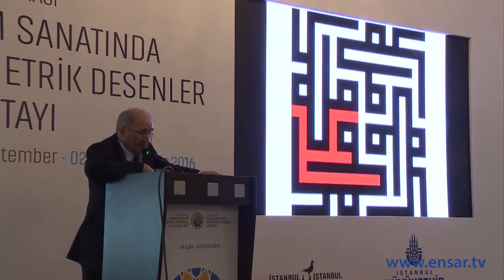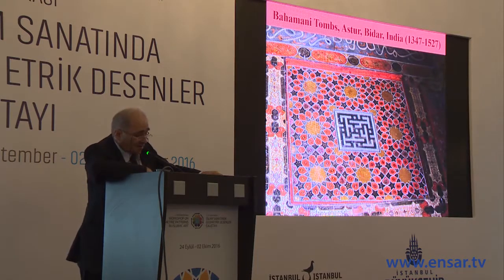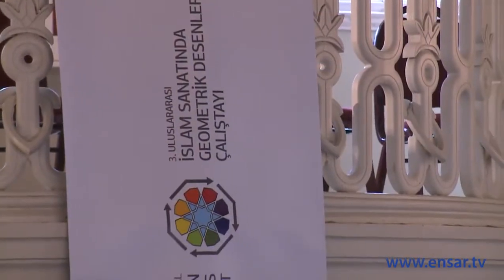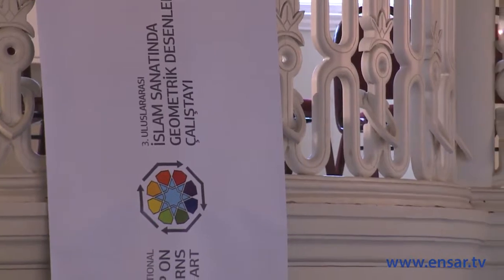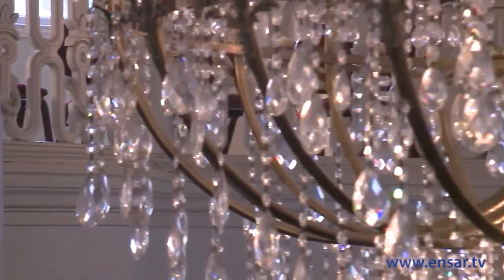A similar situation can be seen on a shrine belonging to a Bahmani Sultanate. The Bahmani Sultanate was from 1347 to 1527, which was found in Deccan province in South India.